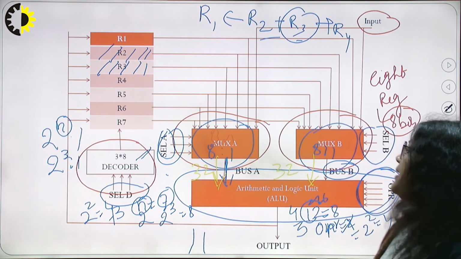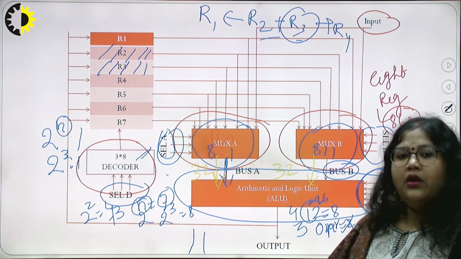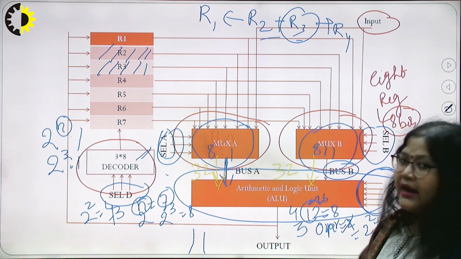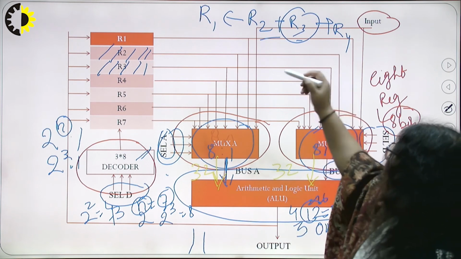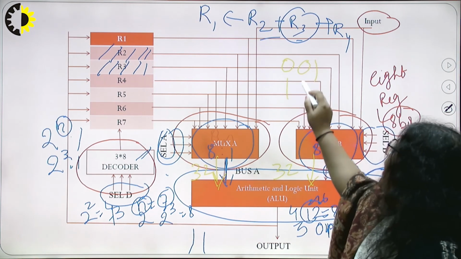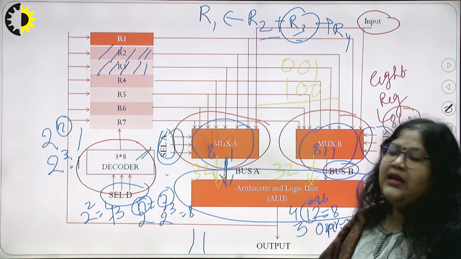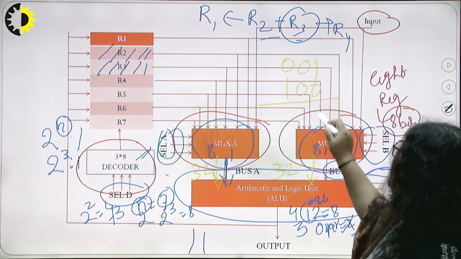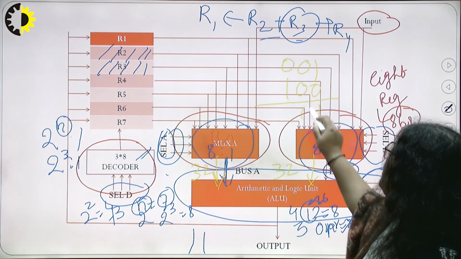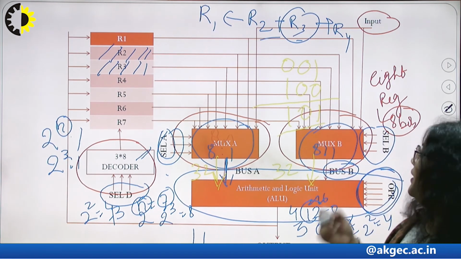And how many bits are received as output from the ALU? Is it 64 or 32? When we add 2 numbers, suppose the first input value is 0, 0, 1 and the second input value is 0, 0, 1, 0, 0. When we add these values, the output is 1 plus 0, 1, 0 plus 0, 0, 0 plus 1, 1. So how many bits are received? There are 3 bits received.